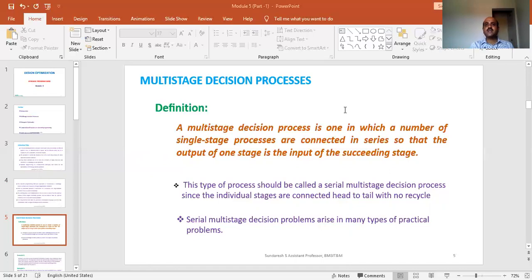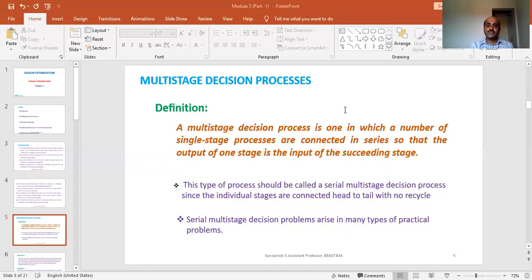It is arranged in sequential order, one after the other. That's why it is called a sequential problem, or a multi-stage problem.